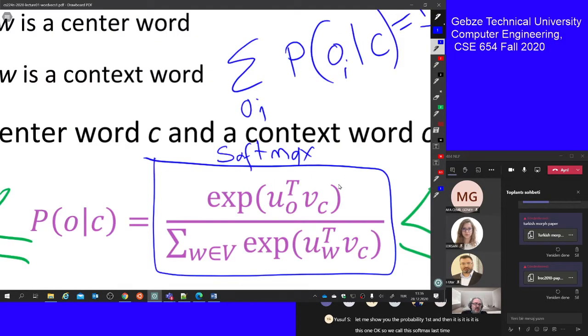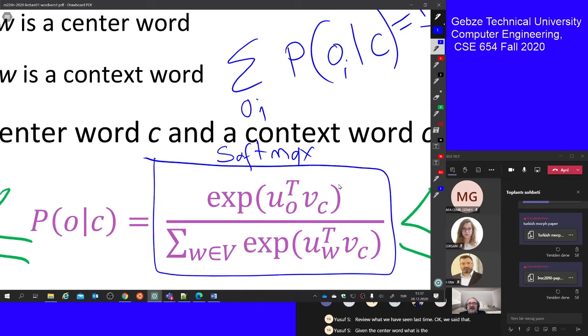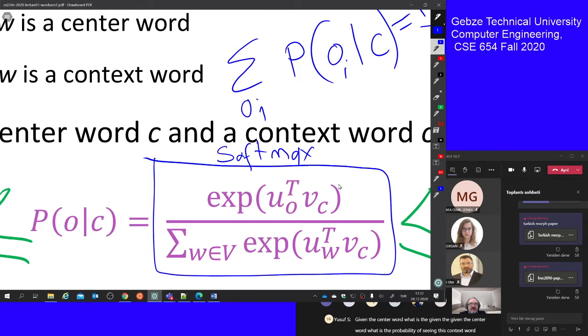I'm just trying to review what we have seen last time. We said that given the center word, what is the probability of seeing this context word?